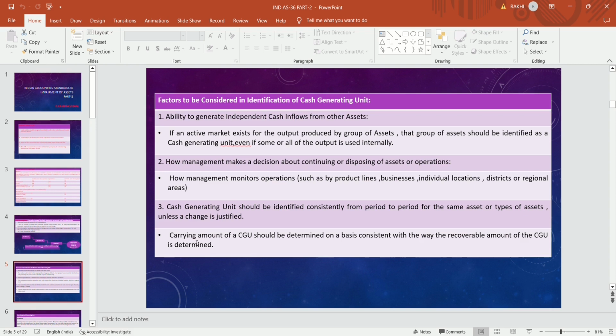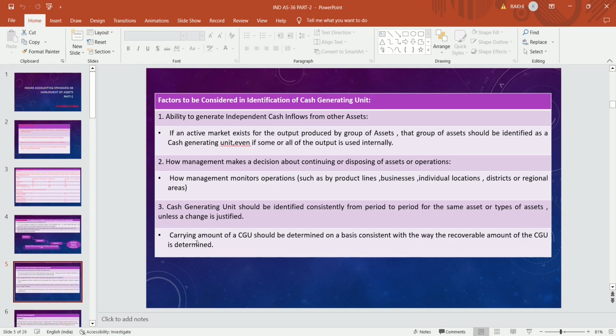But if a market exists for that product, then that unit is said to be a cash generating unit. Now, management decision is also important for continuing or disposing of the assets or operations. If there are any operations or assets, management decision is very important, like how management will take decisions to monitor the operation, location wise, product line wise, business wise, district wise, or by reasonable area.